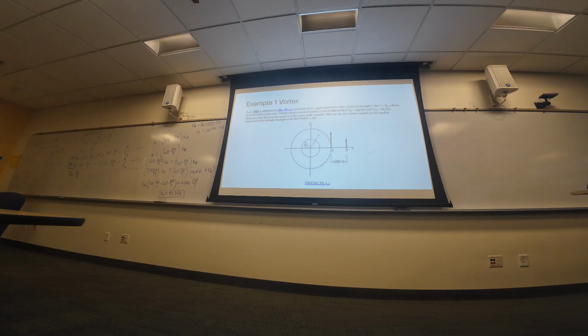Okay. And when I was reading the textbook, if you take the limit as R approaches 0, why am I taking the limit as R approaches 0? Because you want to find the velocity at the center of your tornado, right? In division, if you divide by 0, you get undefined.